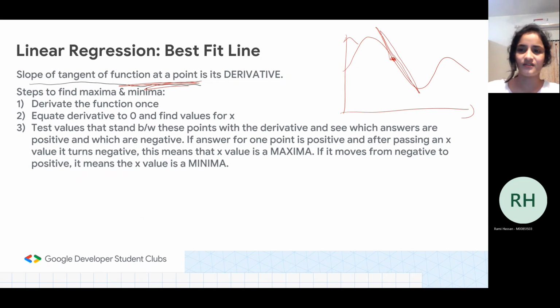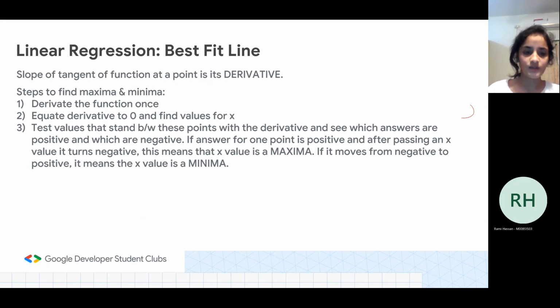Sorry for drawing it badly. I'm drawing on the laptop, so something like that, right? So we chose a point in the function, we do a tangent on it, and the derivative is the slope of that tangent. So this is the slope. Now if we have the angle, we can use trigonometry to find this out. But our definition says mathematically, you can just derivate it and that will be the slope at that point.